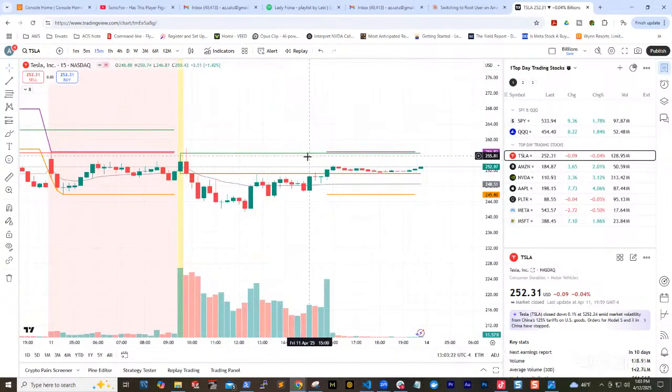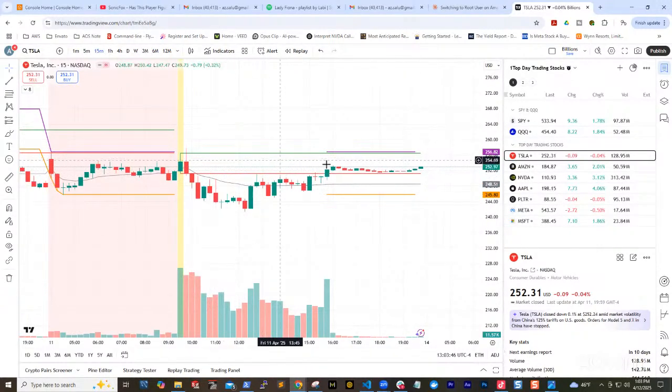Yesterday I lost money on Tesla, but you have to be willing to lose money to make money. So the money I lost is normal money that I can afford to lose, right? It's a small amount, maybe like $100 or something like that.